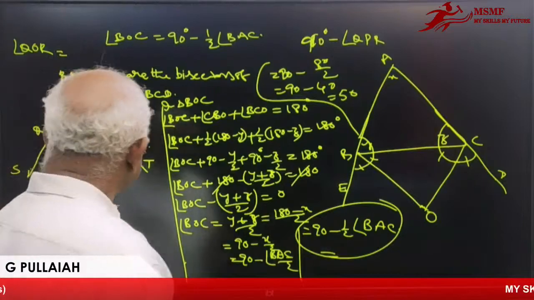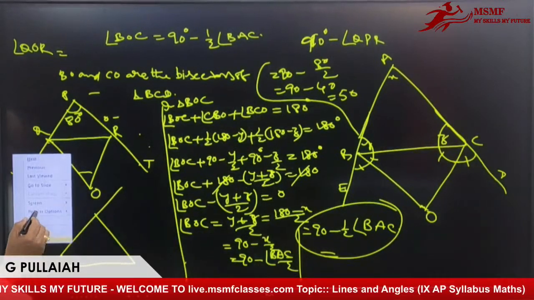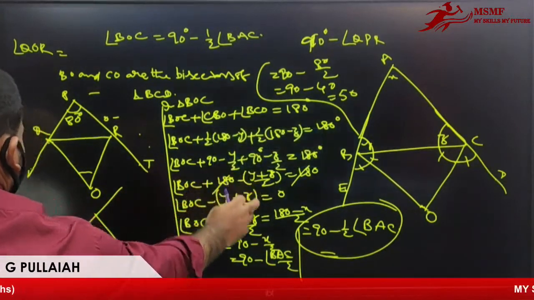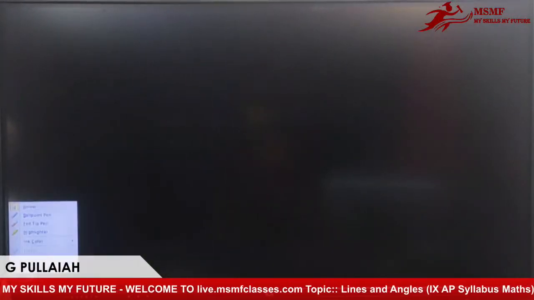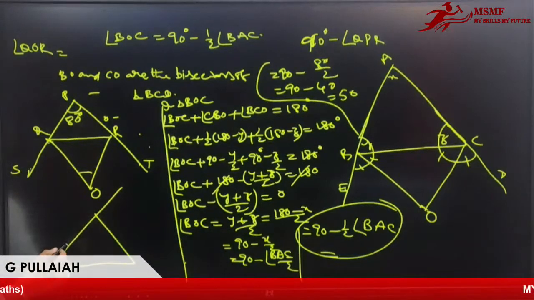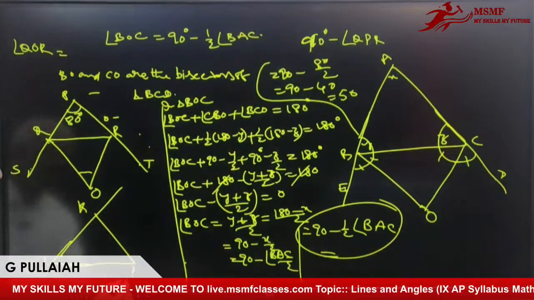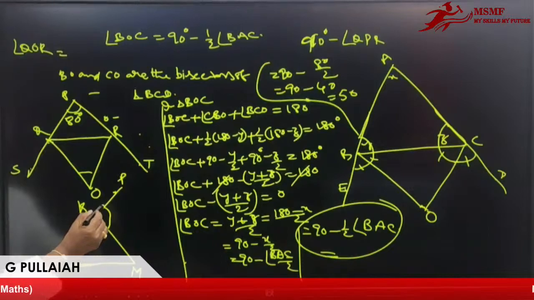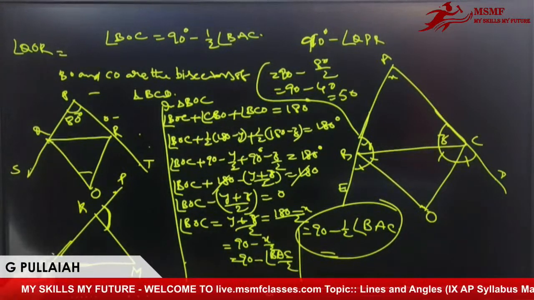One concept is the exterior angle formed by producing the side of a triangle is equal to the sum of the two interior opposite angles.